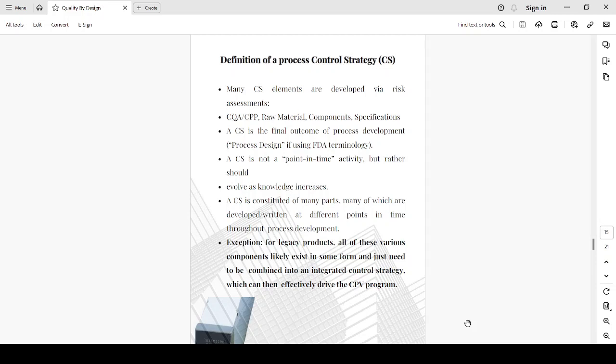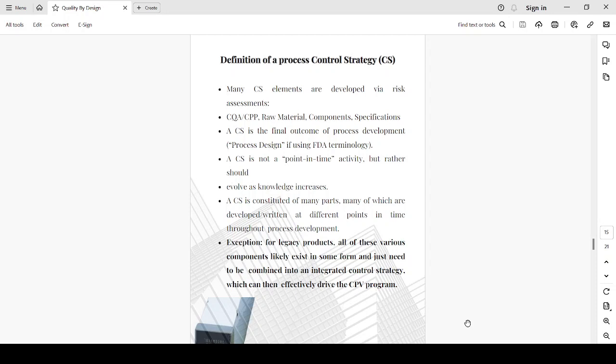Now we will see the definition of a process control strategy. Many control strategy elements are developed via risk assessment. So there are material and component specifications, CQAs, all those things. This control strategy is the final outcome of process development, and it is not a point-in-time activity, but rather it should evolve as knowledge increases.